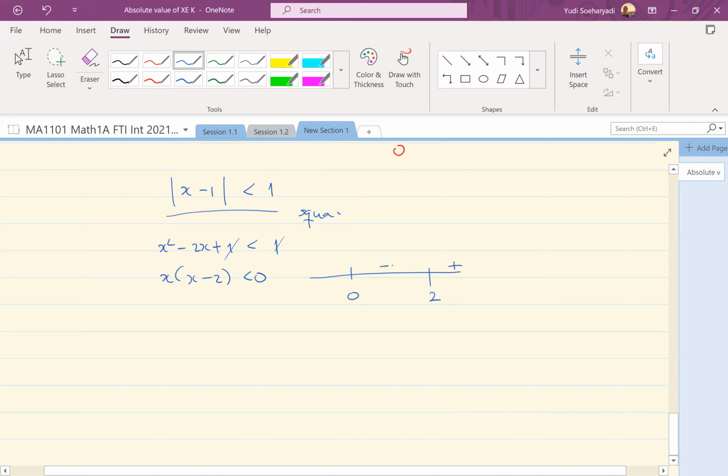Check the sign: plus, minus, plus. So you find the negative one, and that is the solution set.